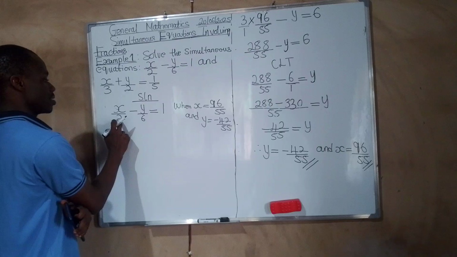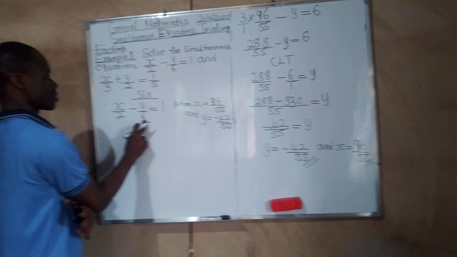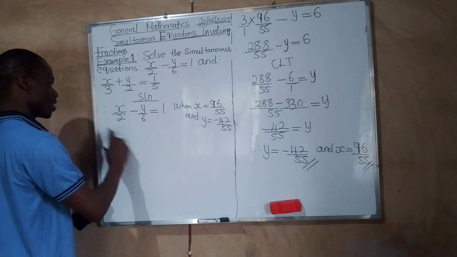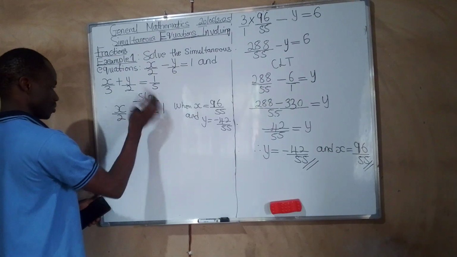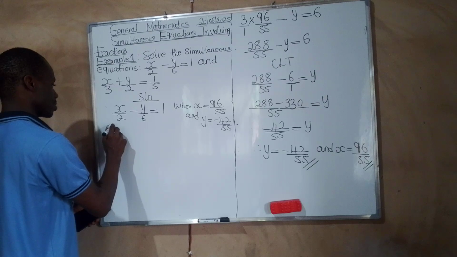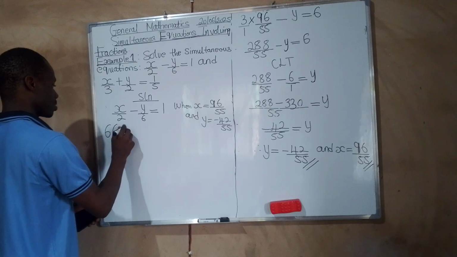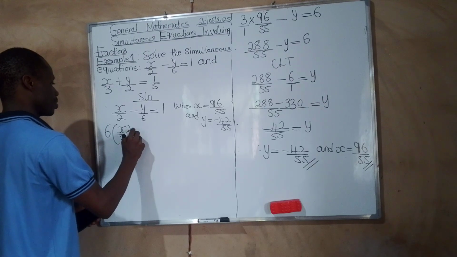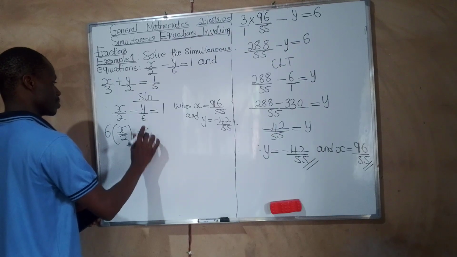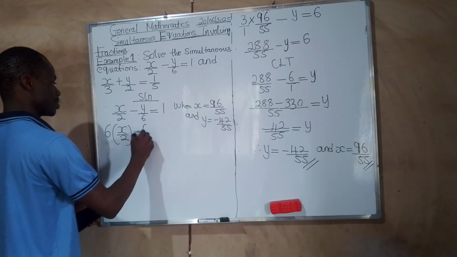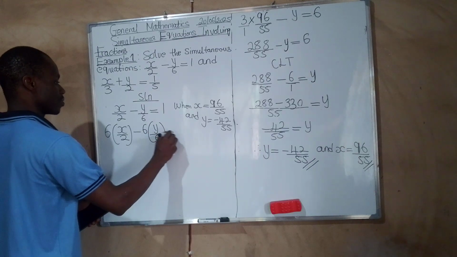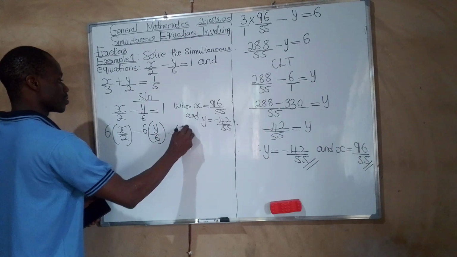Now, the LCM of 2 and 6 is 6. So if we multiply through so that it becomes a linear equation, we have done that before. Let's just repeat that again. 6 bracket x over 2, then minus 6 bracket y over 6 equals 6 bracket 1.